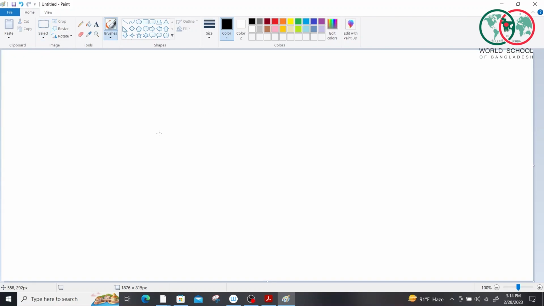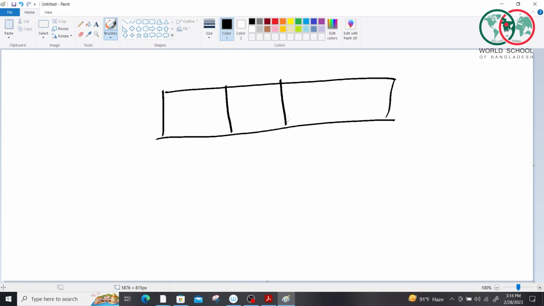So we have 4 in the 10 position. Now we have to find out the largest number. So again, for the largest number, the largest digit will be here, then the second largest digit will be here.